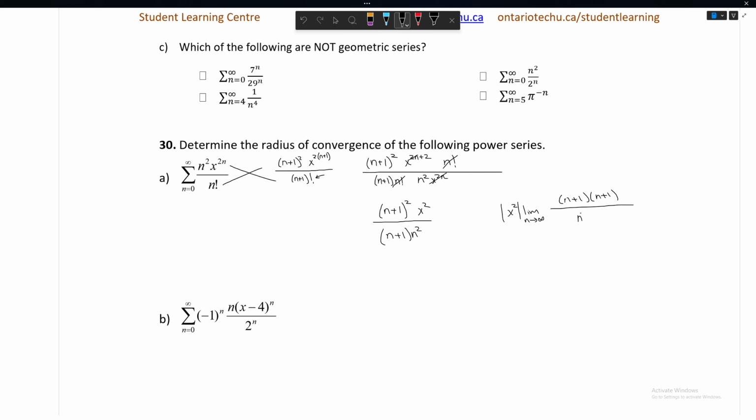So what I got is n cubed plus n squared. FOILing the top out will become n squared plus 2n plus 1 all over n cubed plus n squared. Remember, divide by the denominator's higher power.